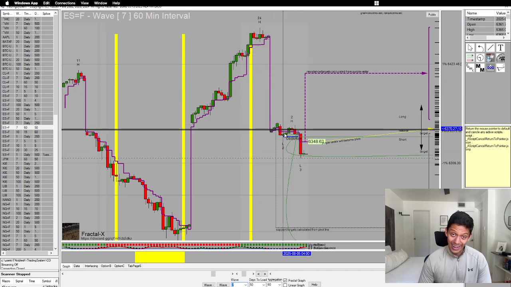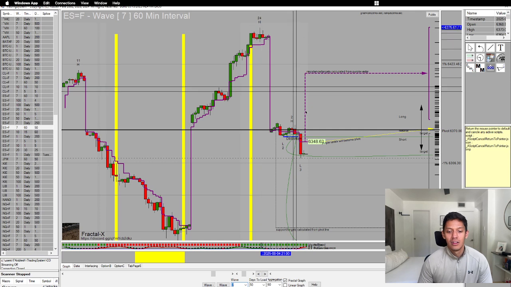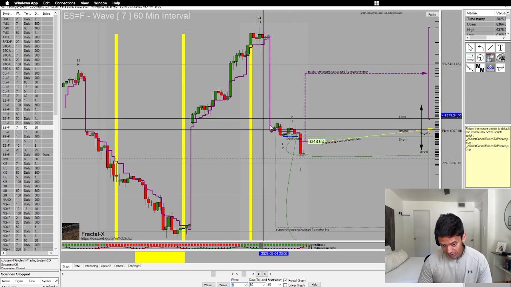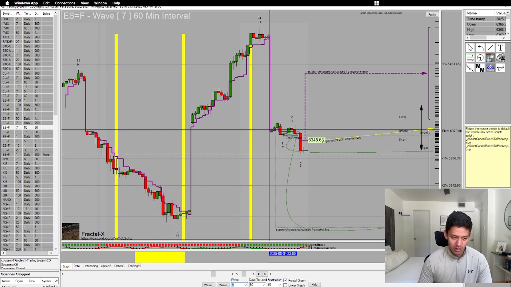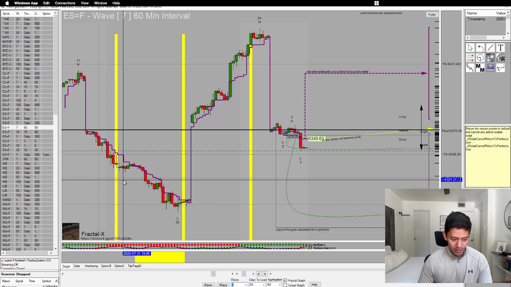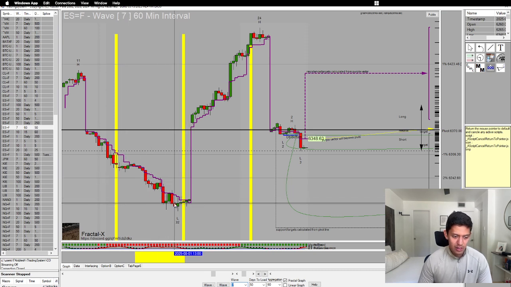We broke past that surface level. We created a peak here and we're starting to develop a trough, which is what you see over here a few days ago. July 31st, we formed a trough at this candle right here.